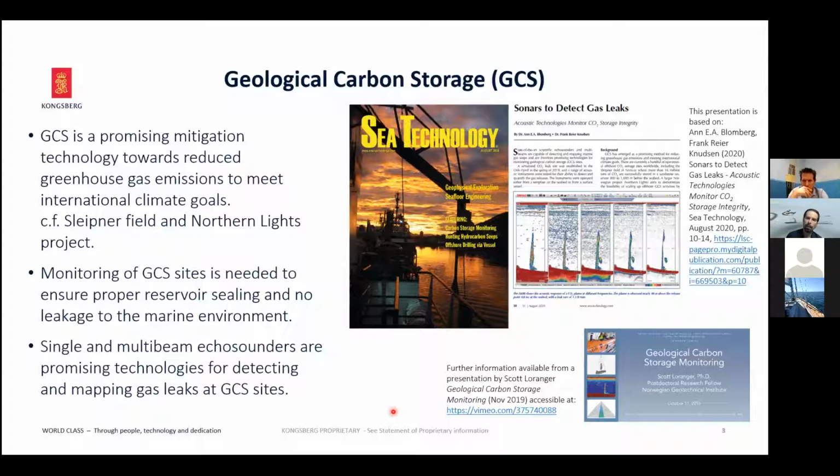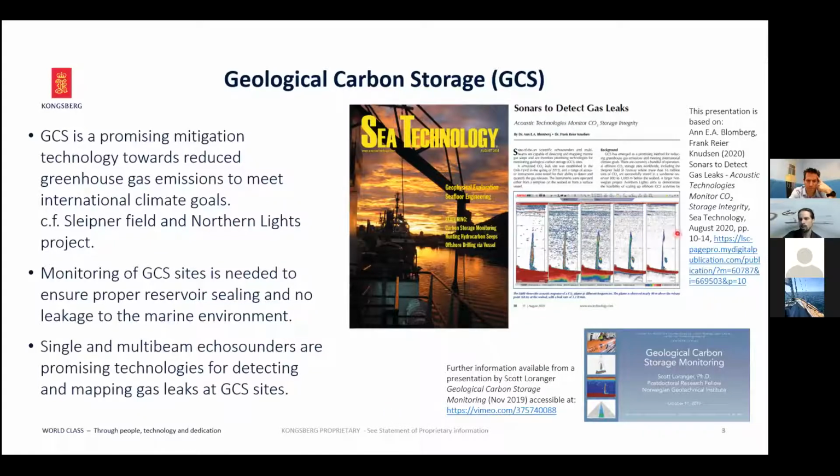If you conduct GCS or CCS, you have to ensure that the reservoir is properly sealed and that your CO2 is not leaking into the environment. Single and multi-beam echo sounders are promising and powerful technologies in order to map and monitor these sites.